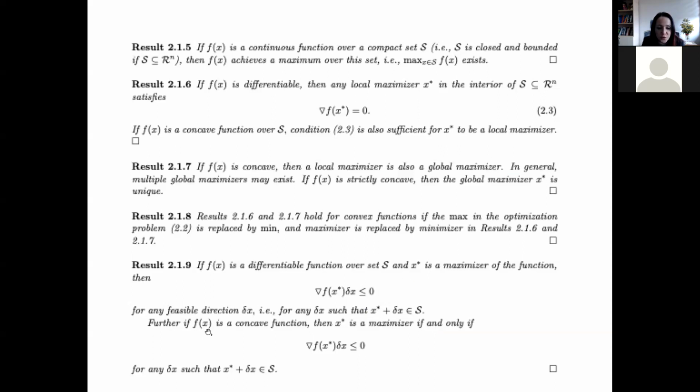Further, if f of x is a concave function, then x star is a maximizer if and only if for any displacement delta x such that x star plus the displacement is inside S, when you go from x star by displacement delta x, the result is less than or equal to 0.